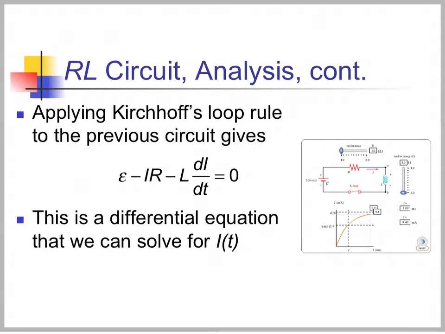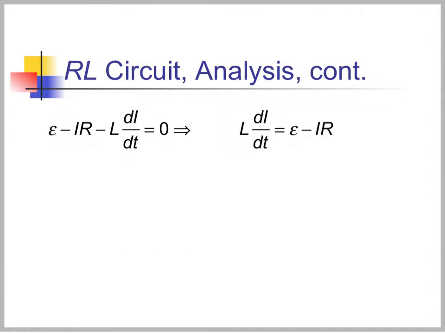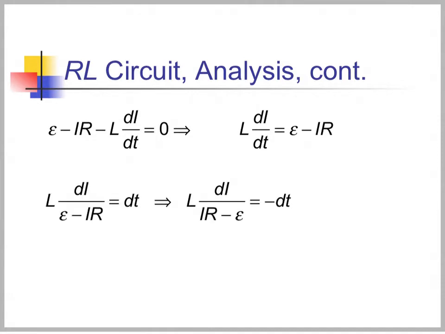This is a differential equation that we would need to solve to figure out what the current is as a function of time. So E minus IR minus L di dt is equal to 0, or L di dt is equal to E minus IR. We can divide by E minus IR and multiply by dt.